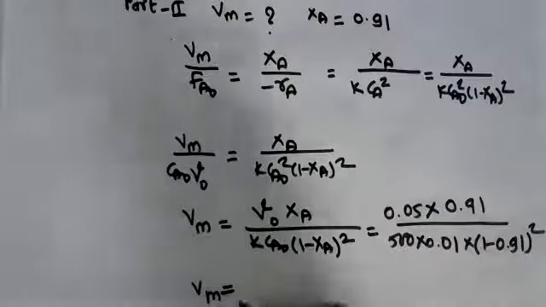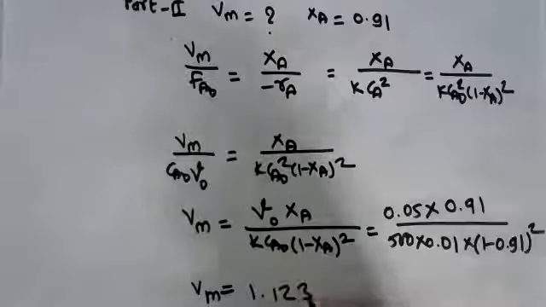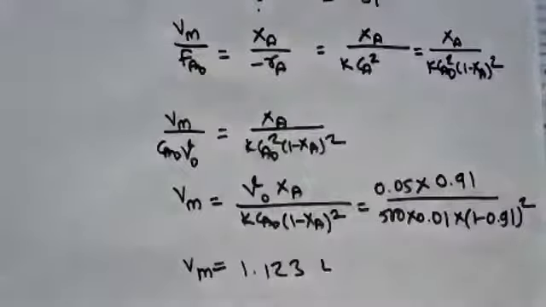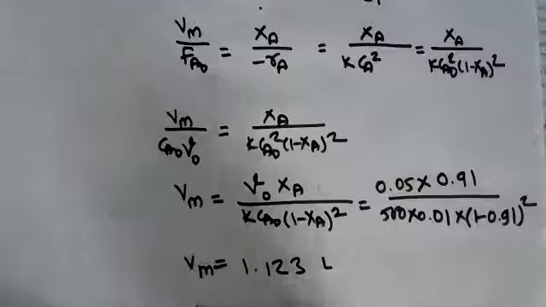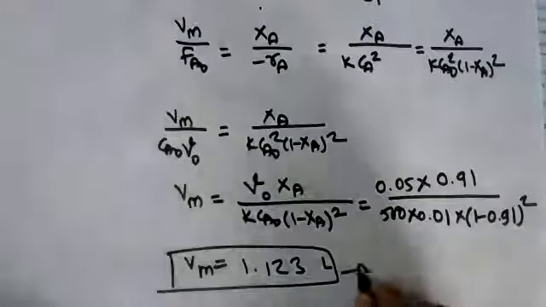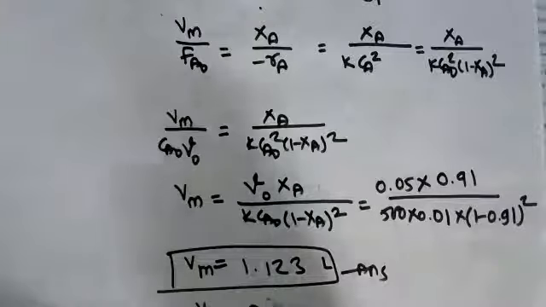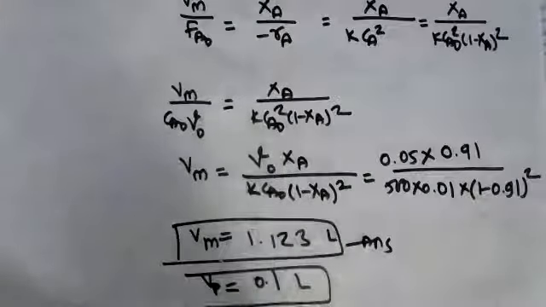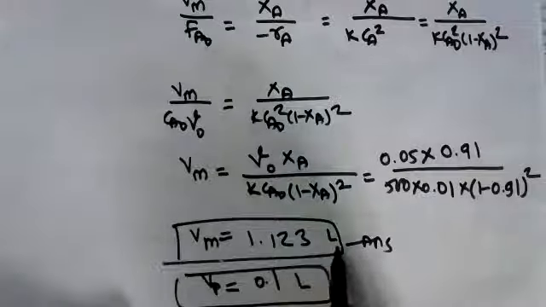Okay, so the answer is 1.123 liter. This is an indication that even though the required conversion is the same, in the first part you must have noticed that the volume of the plug flow reactor required was just 0.1 liter, whereas the volume of the mixed flow reactor required is 1.123 liter.